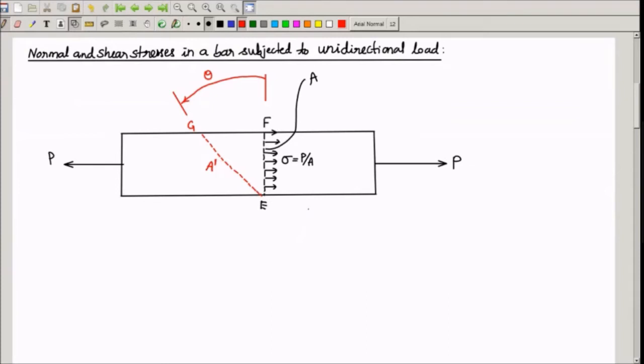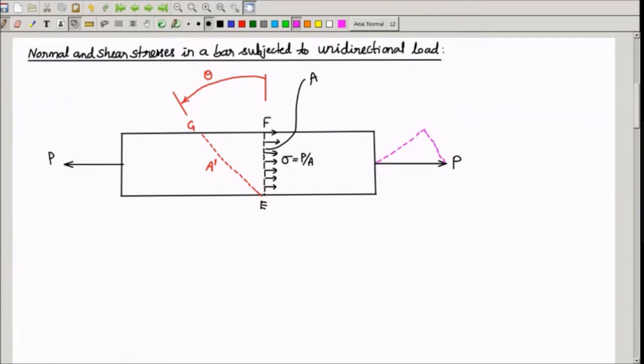Now, on the plane GE, how will the stress distribution be? Will there be normal stress or shear stress? There will be both normal and shear stress on plane GE. I will tell you how. This P, shown on the right side, I will resolve into two components. One along the plane GE and the other perpendicular to the plane GE.